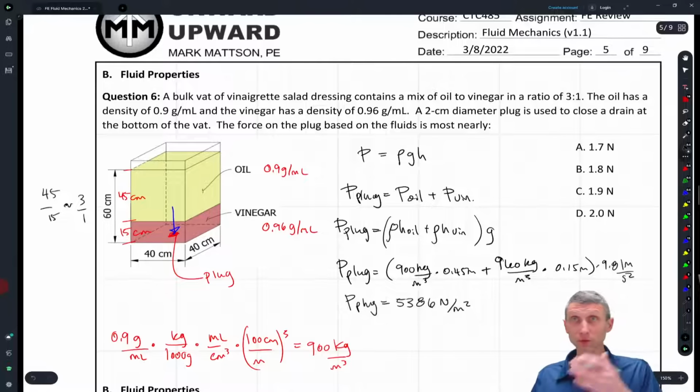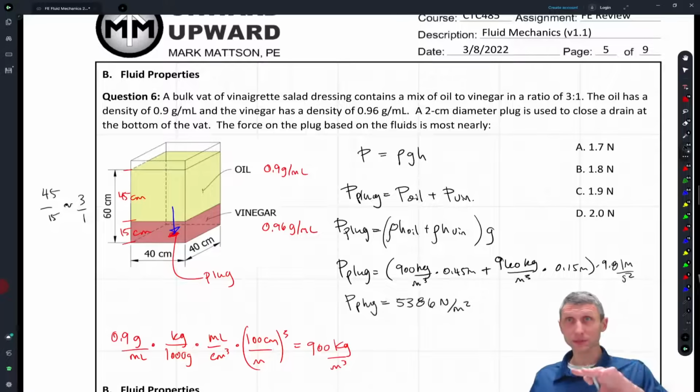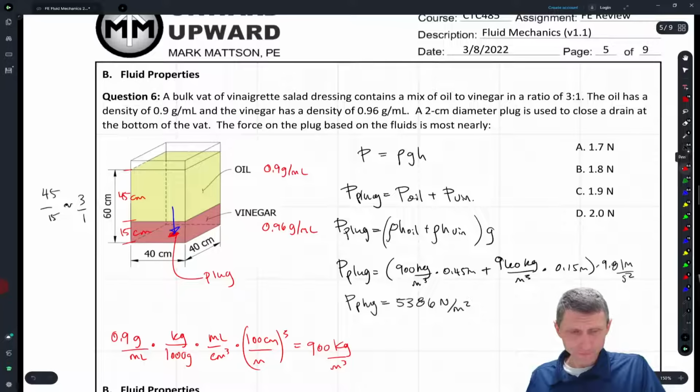Okay, so when we convert everything down, we got meters and kilograms, and a kilogram meter per second squared is going to be, I'm saying that wrong. Let's just check our units here. We get a newton per meter squared.